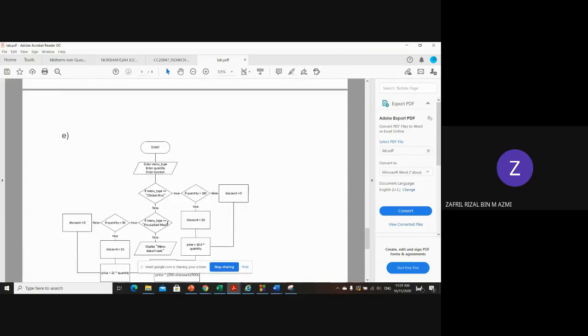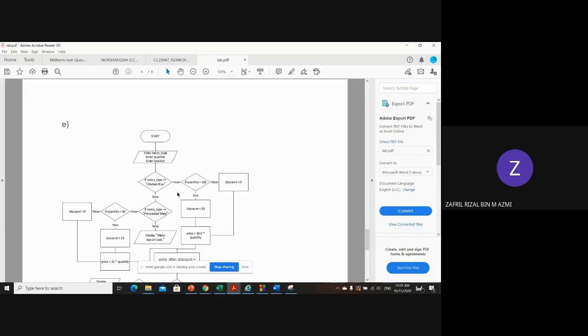So if you want it to be the same, if the question asks you to be consistent, price equal to 10 ringgit multiplied by quantity should be where? This equation should be where? After menu type, after menu type equal to chicken rice. So there should be price over here. Price equal to 10 ringgit multiplied by quantity.